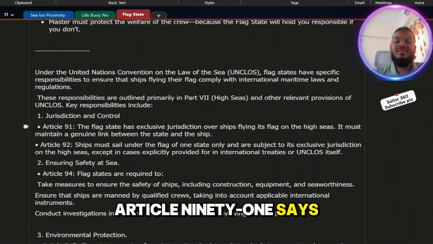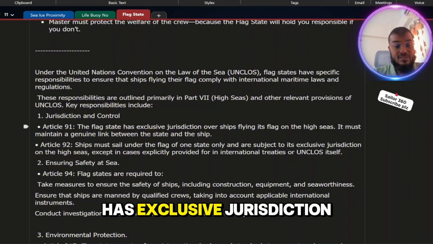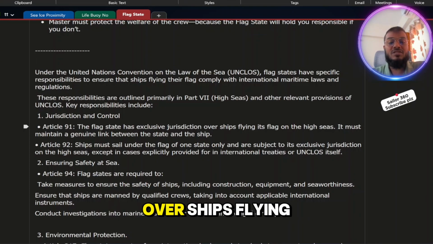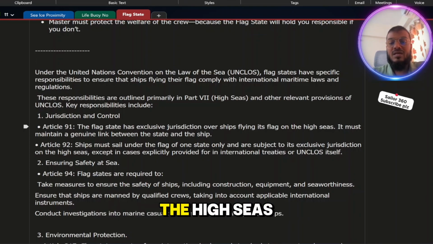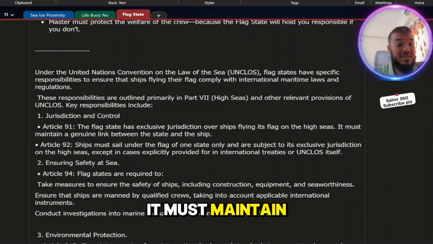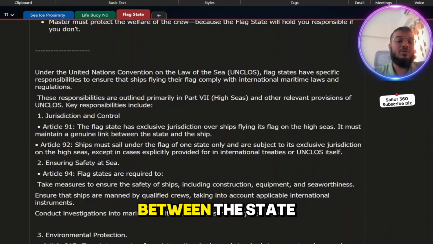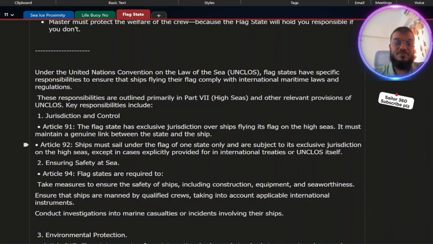Article 91 says the flag state has exclusive jurisdiction over ships flying its flag on the high seas. It must maintain a genuine link between the state and the ship.